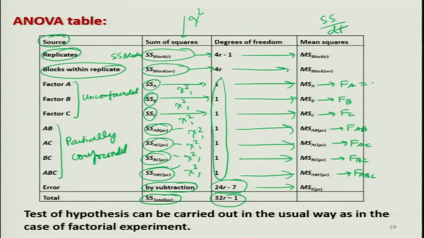They are simply obtained as, for example, FA will be MSA upon MSE, and FB will be MSB upon MSE, and so on.